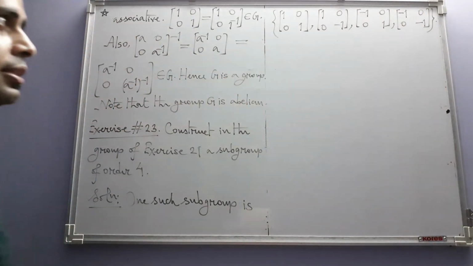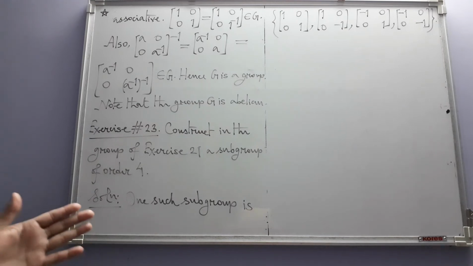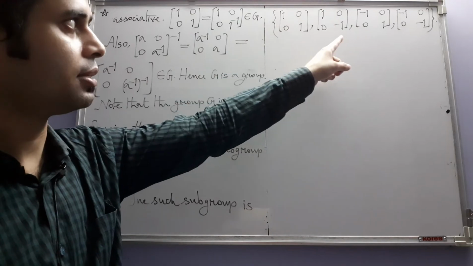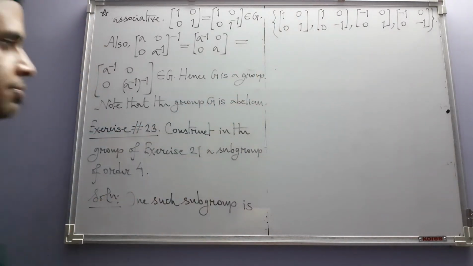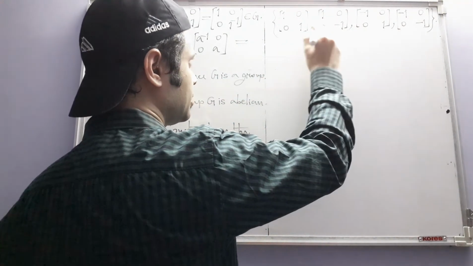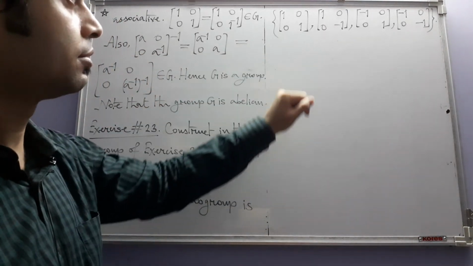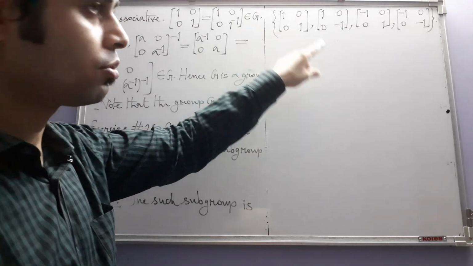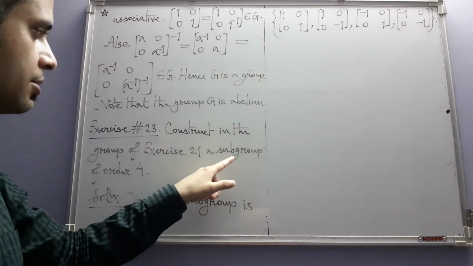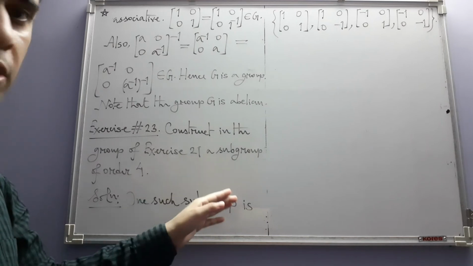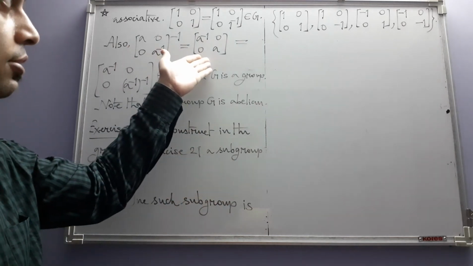You can verify that these 4 matrices form a group under matrix multiplication. Note that these matrices are also of the form where the second row, first column entries are all 0. However, you note one more thing, that not only is this a subgroup of the group in exercise 21, but the previous exercise also.